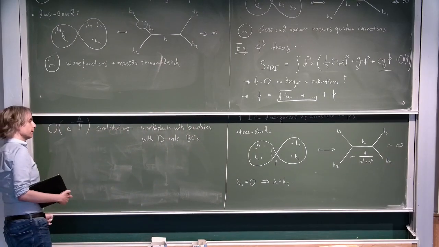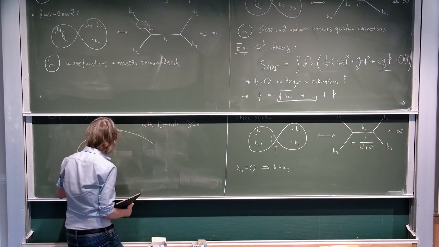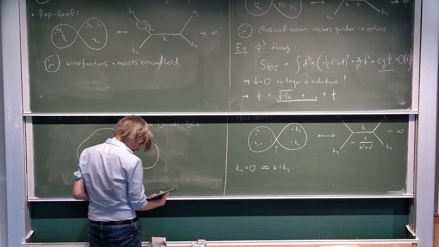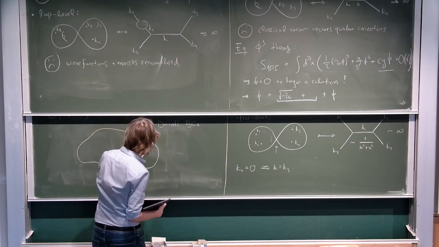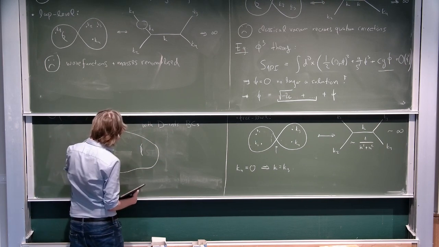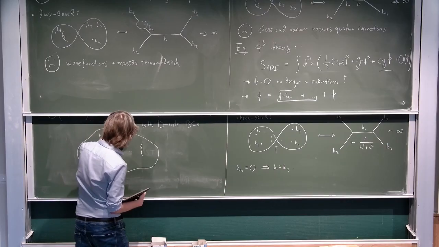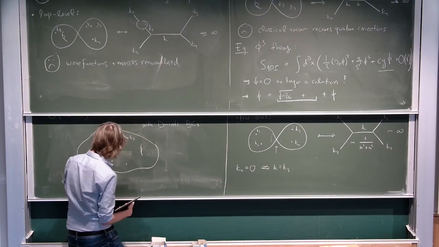So let me draw an example of such a surface. Again, this is going to be a Riemann surface with some genus in general, with some punctures representing on-shell closed string insertions.